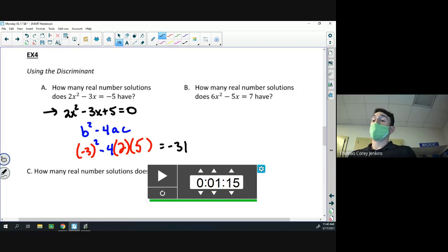And then, okay, so then we're looking at, it's negative, so it's less than 0. All right, so -31 is less than 0. So that tells you you have how many solutions? Anybody remember from the table? Or can anybody find it in the table? Robert? 0. Yeah, 0 solutions.